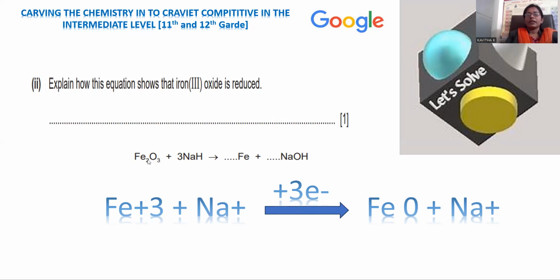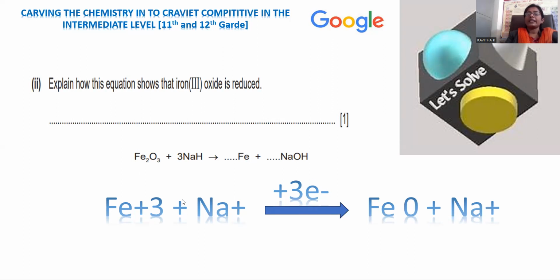Whenever Fe2O3, ferric oxide, is taken, it has iron in the plus 3 form. Iron plus 3 oxidation state is possible, and 3 electrons are gained by the central iron metal, so that Fe plus 3 got compensated and iron will be turned into Fe0. Iron metal formation is possible, right?